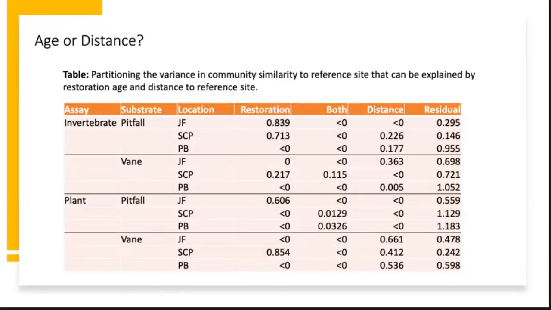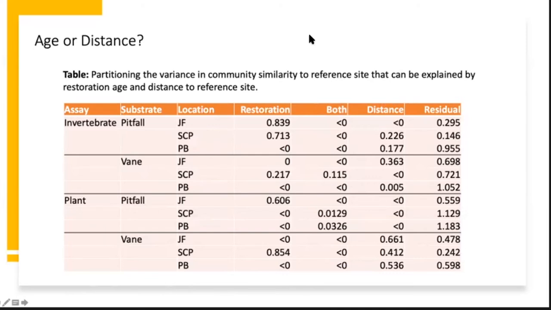And finally, the thing that I wanted to do in this project was to separate the effect of age and distance, which is the reason we had those multiple and spatially separated reference sites. So we looked at the variance that could be explained by either restoration age or the distance to the reference sites.